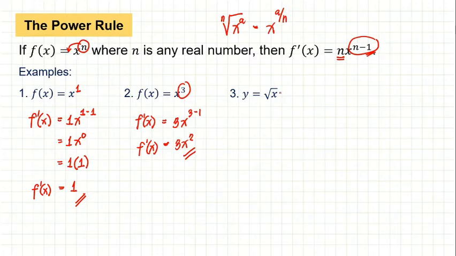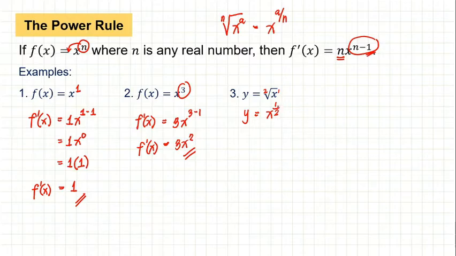Therefore, we can just rewrite square root of x as y equal to x to the power of 1 over 2. Since the exponent of x here is 1 and the index here is 2, it has an imaginary number 2 there because we have square root. So therefore, square root of x can be written as x to the 1/2.